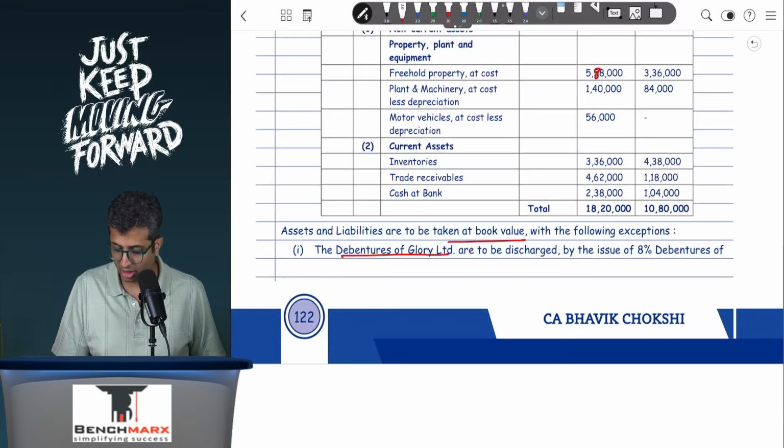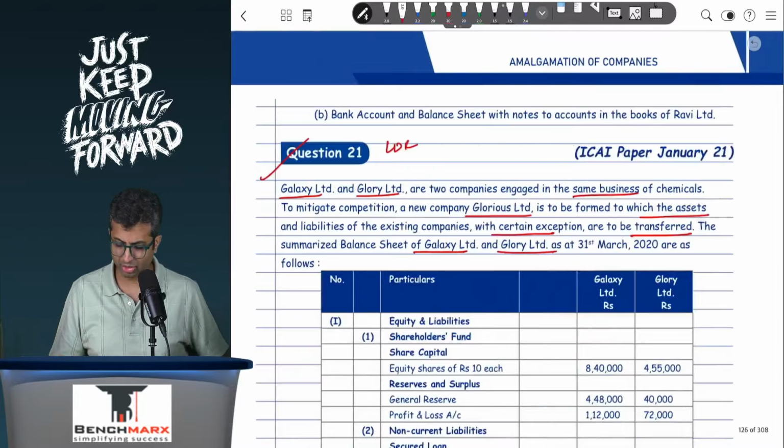Debentures of Glory are to be discharged by issue of 8% debentures of Glorious at a premium of 10%. Now there are two interpretations over here which is possible.